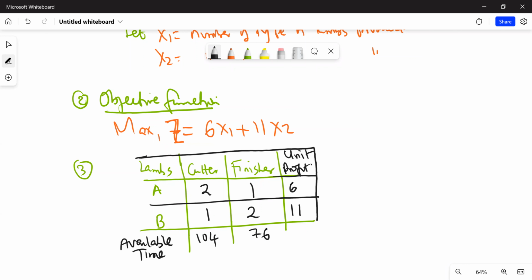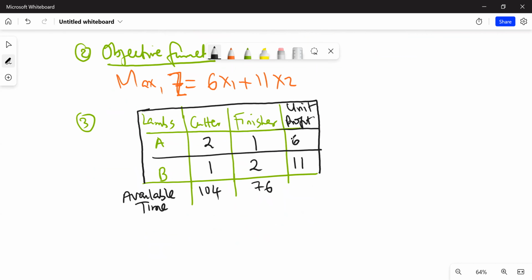So with this, we're able to know the kind of equations and inequalities that we need. Let's start with the cutter and finisher. The available time should not exceed 104. Every unit of type A requires 2 hours on the cutter, and every unit of type B requires 1 hour on the cutter.